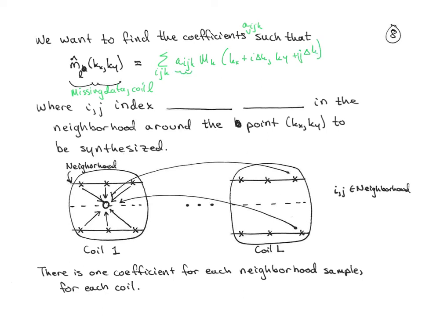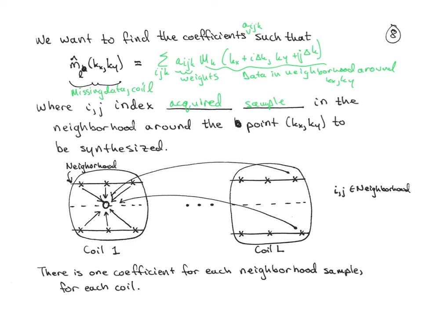So these are the weights, and this m sub k is the data in the neighborhood around kx, ky. And i and j index acquired samples in the neighborhood around this point kx, ky, where that point kx, ky needs to have data synthesized for it.